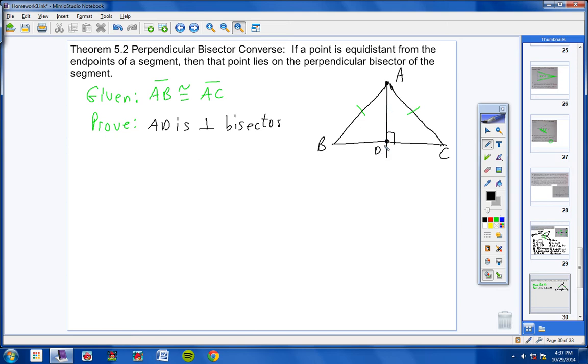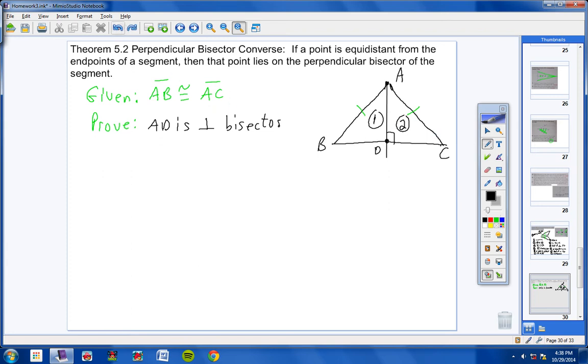But if I want to prove it's also a bisector, then I must prove that this segment here is congruent to this segment here. I have to prove that, okay? So the only way to really do that, students, is to prove that this triangle here is congruent to this triangle here, and then I can state that this segment here is congruent to this segment here, okay?